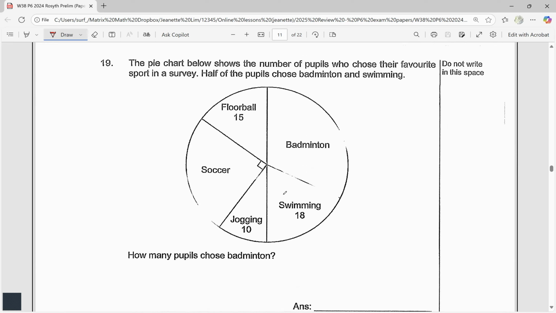Okay, so badminton and swimming will be half, floorball and jogging the other half. Because soccer is 90 degrees, right angle, which means that this is a quarter, which means that floorball plus jogging would give us another 1/4.